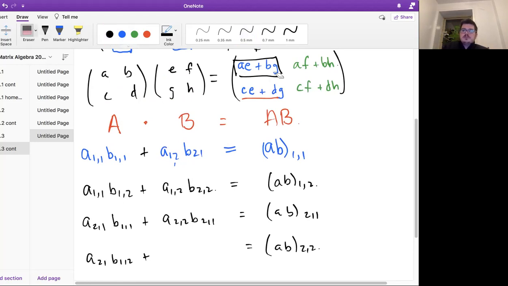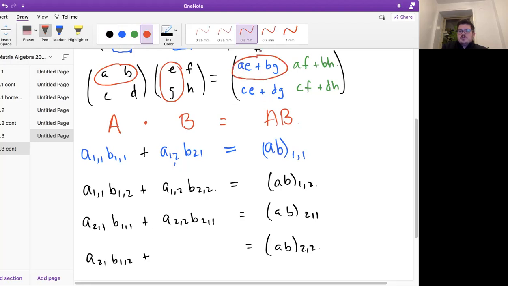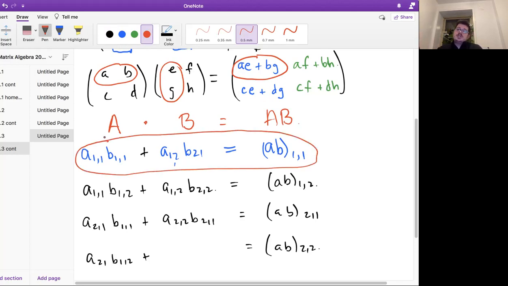Is that okay? This entry here is 1-1 of the product, right? I was just putting it back into that other notation with the indices, because we're going to use that notation. So I just want to bring it back to that notation.